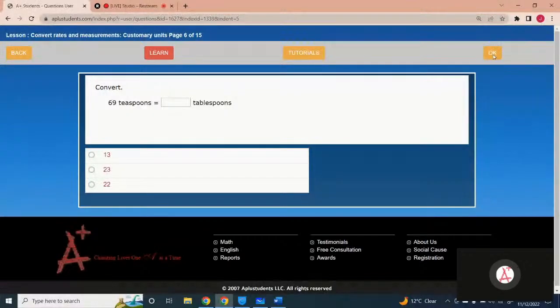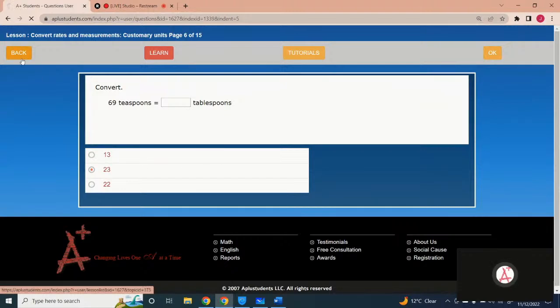You have to divide this by 3. Got it? It would be 23 tablespoons. Yes, very good. Okay, you can complete the test by yourself later today.